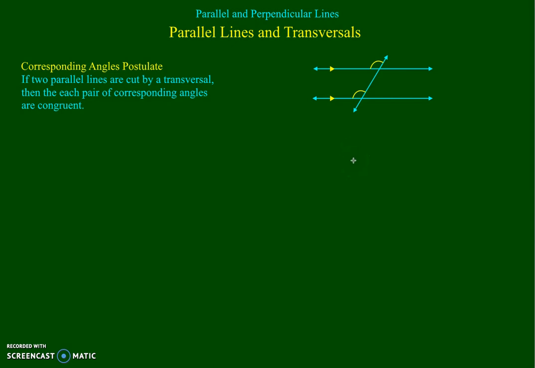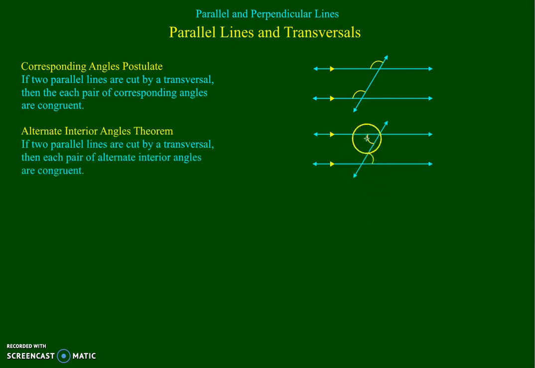Let's take a look at the next angle pair. Now here we have alternate interior angles. If 2 parallel lines are cut by a transversal, then the alternate interior angle pairs are congruent. Now this is a theorem because this one's not quite so intuitively obvious. We're going to go ahead and prove this a little bit later, but this is considered a theorem.